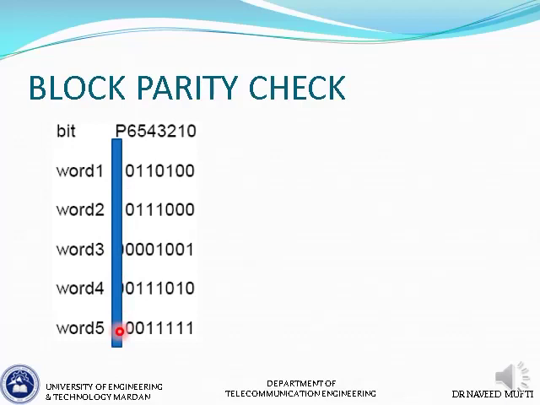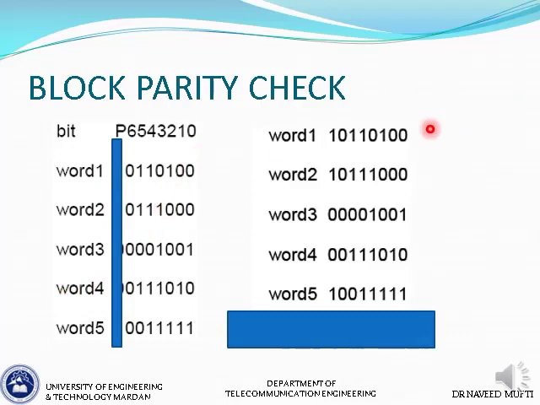As we have done on the previous slide, if you follow that example, you can see that the values of parity bits will be such that from these data words you come up with the code words which look like this. This column here, these are all parity bits.